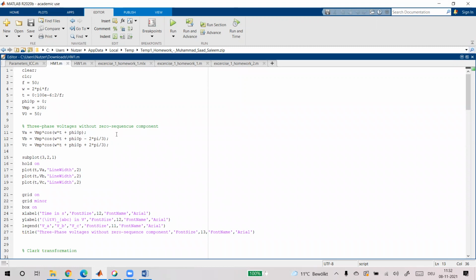I don't know whose MATLAB script this is, but let's use it, and I'm going to add some negative sequence in this. Let me add it very quickly. Oh, there is a power button beside, and I clicked it by mistake. So I will just copy this.